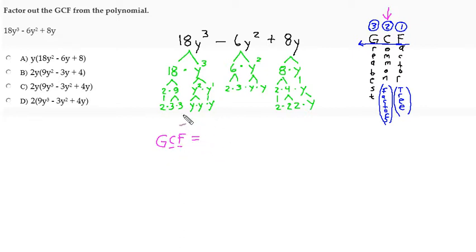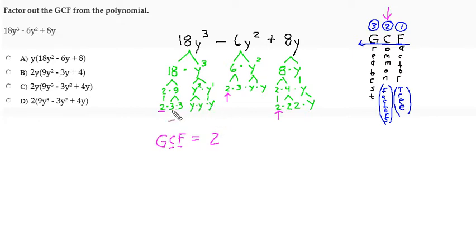We're ready to list them out. Only the factors that are in common across all 3 of the terms. Now there's a 2 that I can match up to a 2 in each of the other 2 factor trees. For every match all the way across, we list one of those 2's.